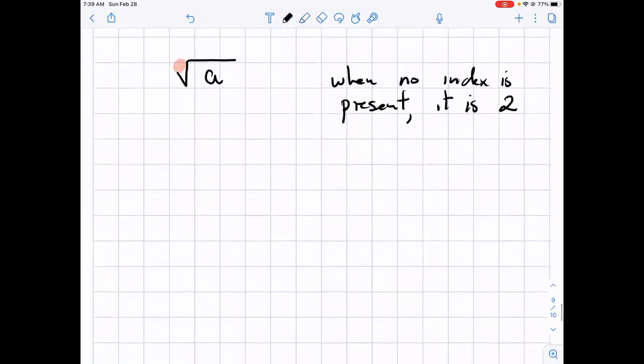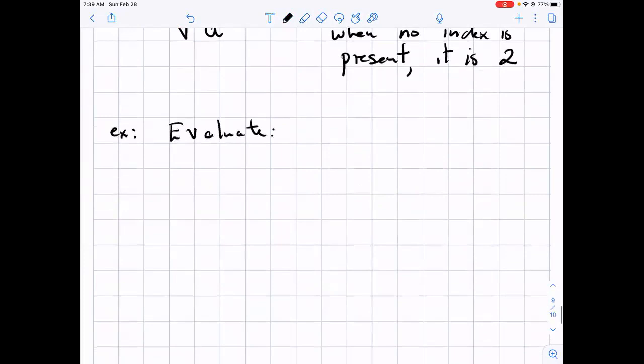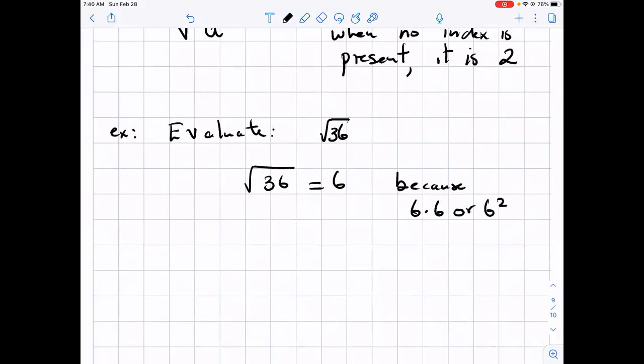So if I ask you to evaluate the square root of 36, the square root of 36 is equal to 6 because 6 times 6, or 6 squared, is equal to 36.